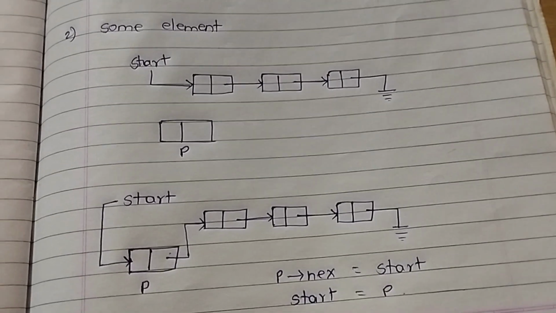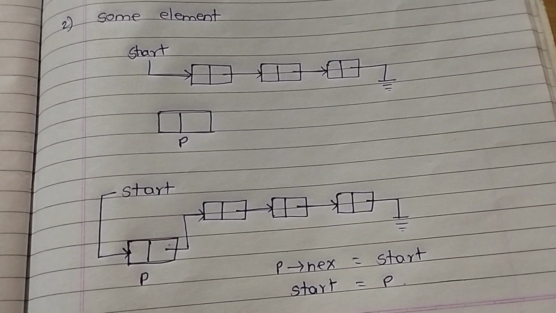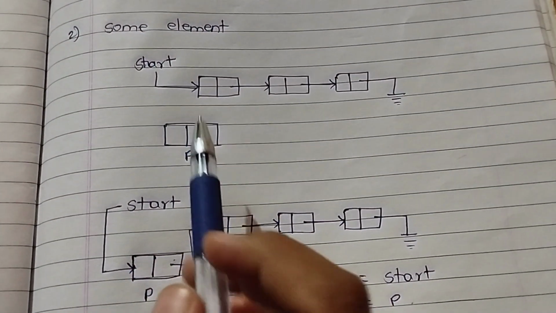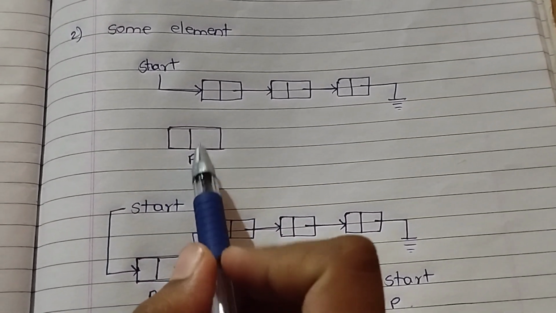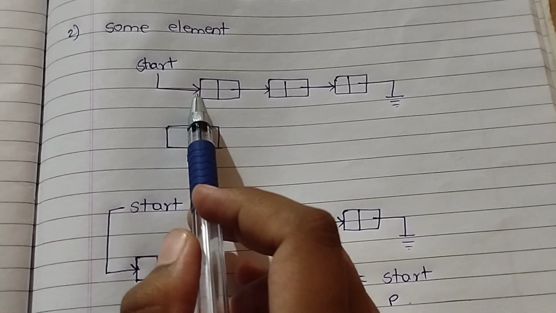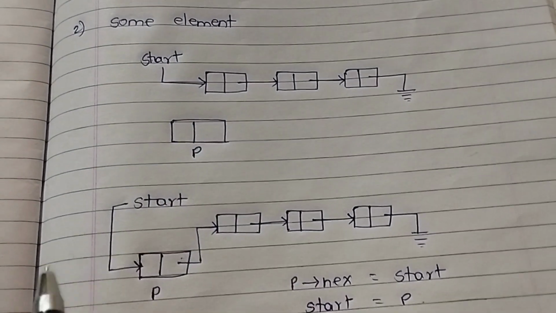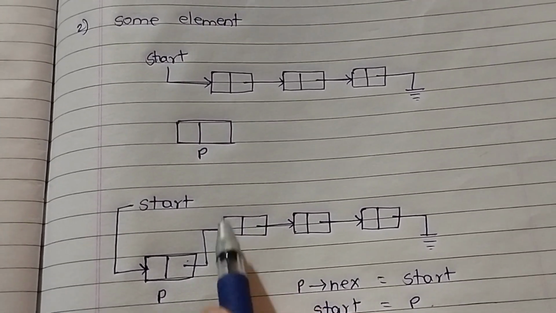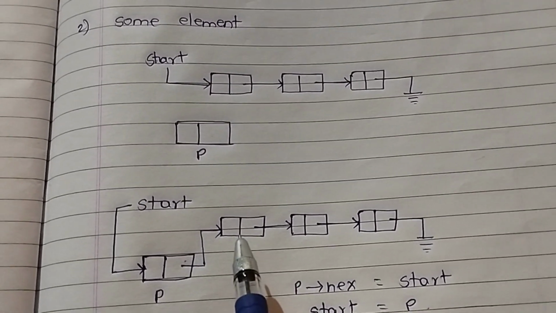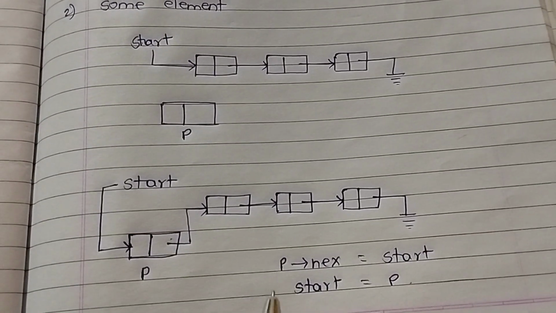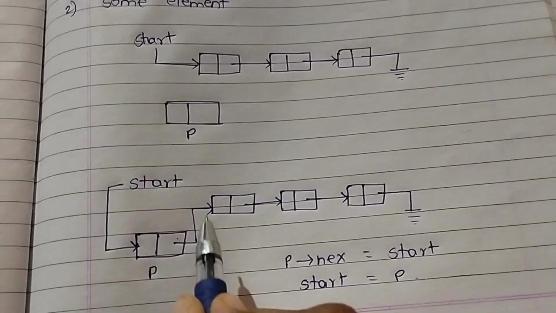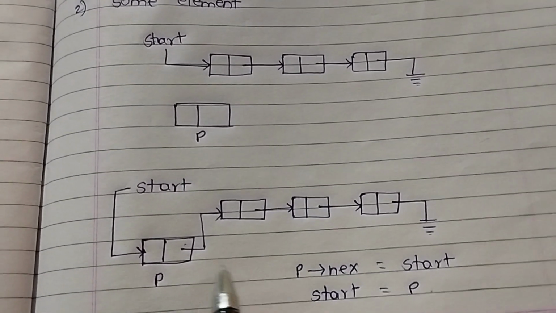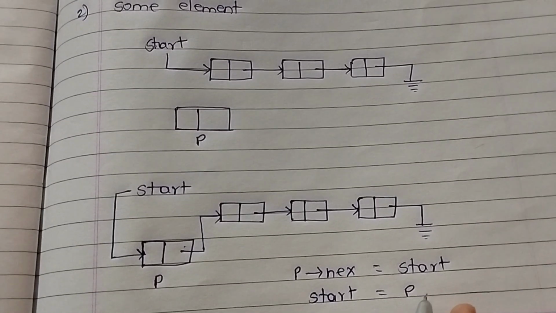Now the next condition, when the linked list has some data. At that time we want to create p at the start of the linked list. For that purpose we connect start to p, and p's next to the first node. So how do we indicate the logic? P's next is our first start node, and when the start node is empty, at that time we mention start is equal to p.